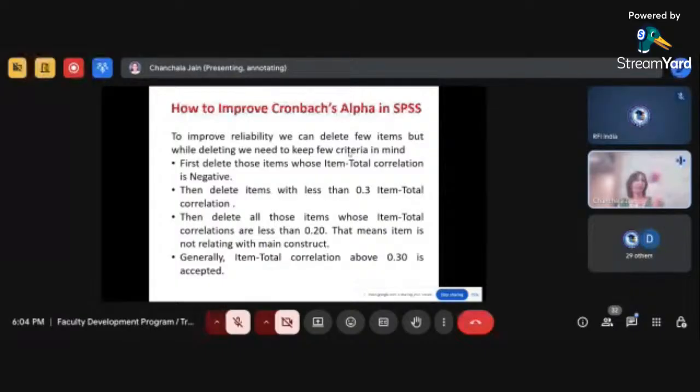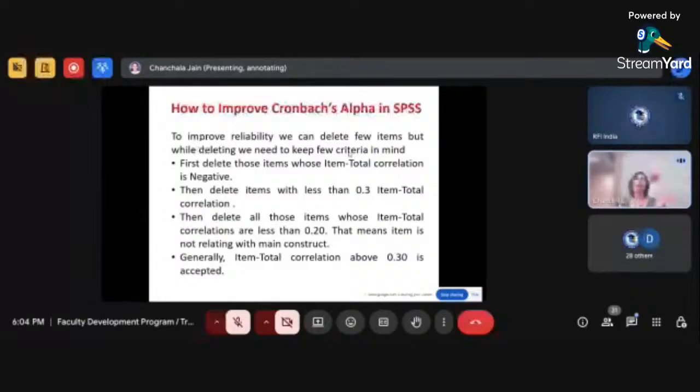So you have understood the various ways which can help you improve the reliability of your scale, right? Three ways I've told you. You need to read your questionnaire again and again to check redundancy and ambiguity in the statements. After data collection, you need to check if multiple missing values are available in any variable or item, and you can drop that item to improve your Cronbach alpha.